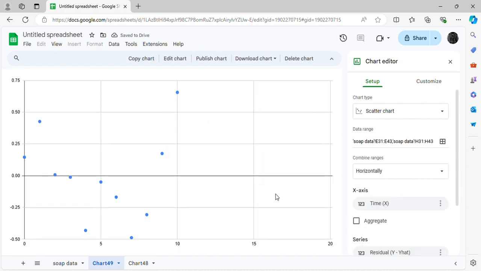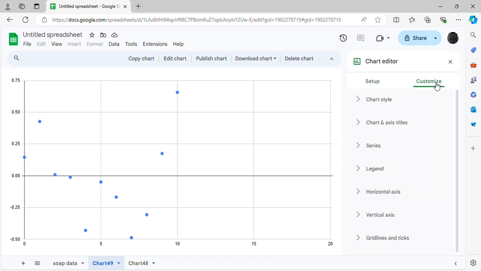Click on OK. Now we have this plot here. So let's make some changes to this residual plot.